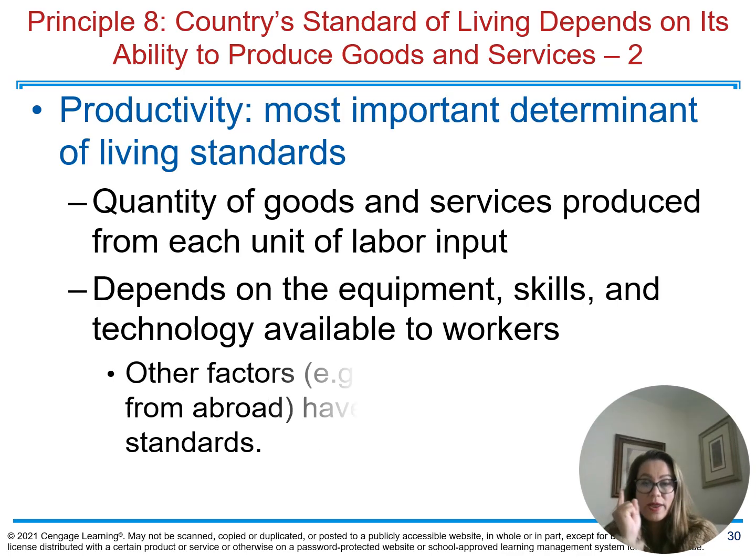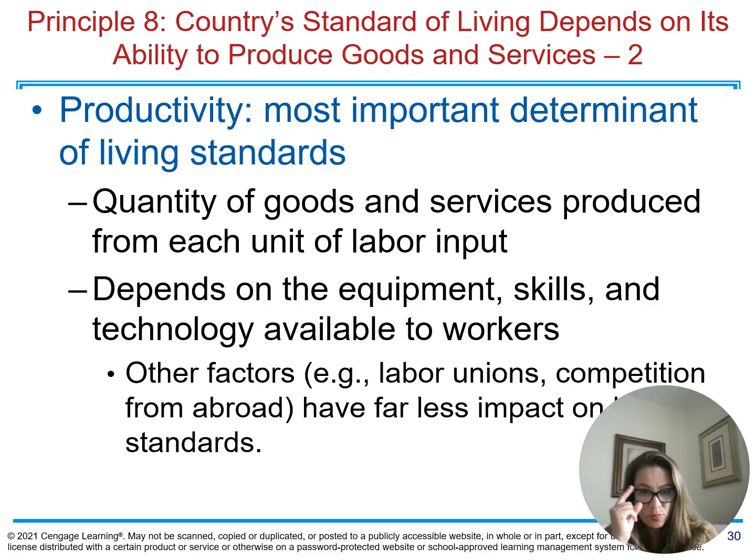So there is one culprit. There is one reason that can explain the differences in the standard of living between the countries in the world, and that is productivity. So productivity is the quantity of goods and services produced from each unit of labor input. Productivity is the most important determinant of living standards.